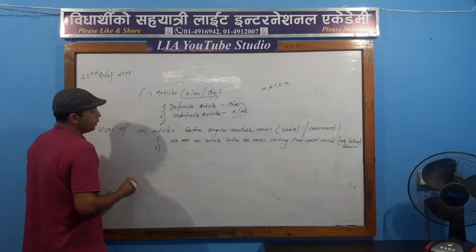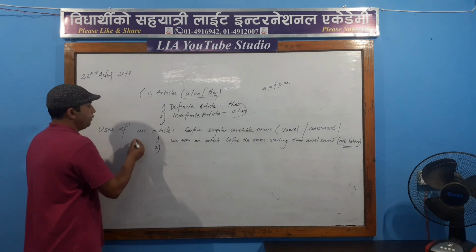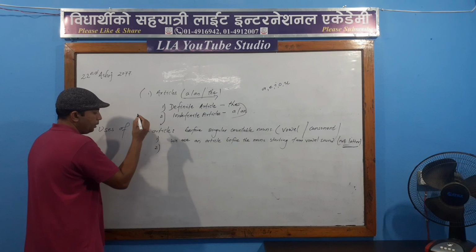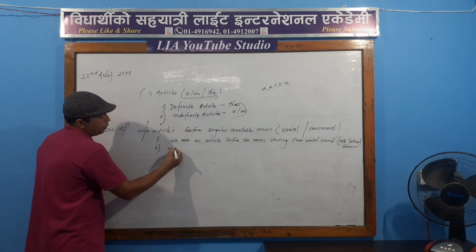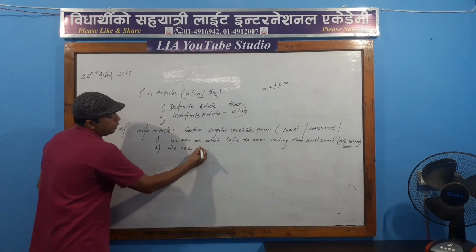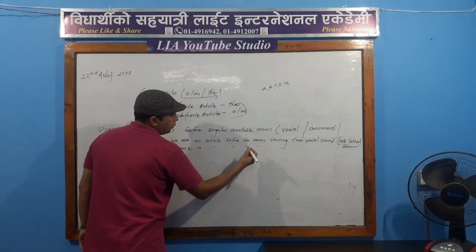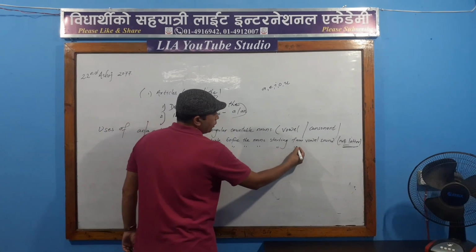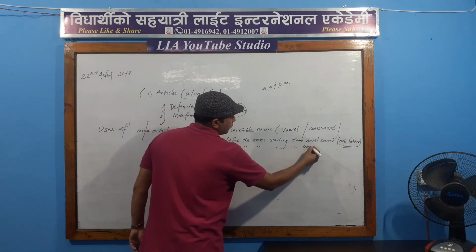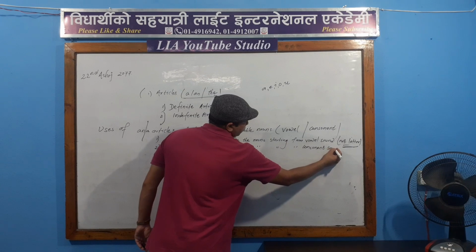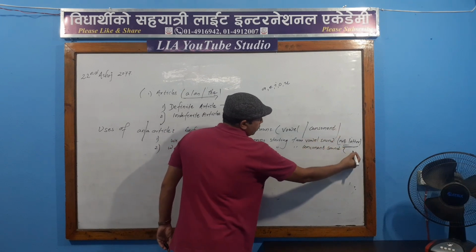And number 2, uses of a. Let's write here, a. We use the article a before nouns starting with a consonant sound. Here also, not letter.